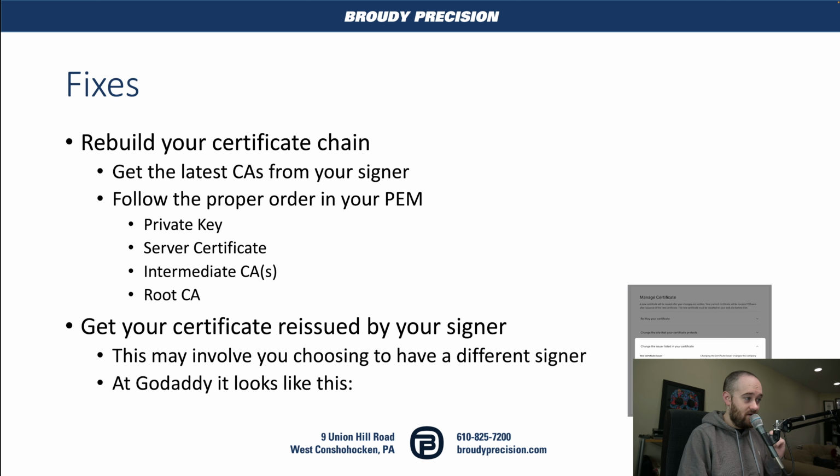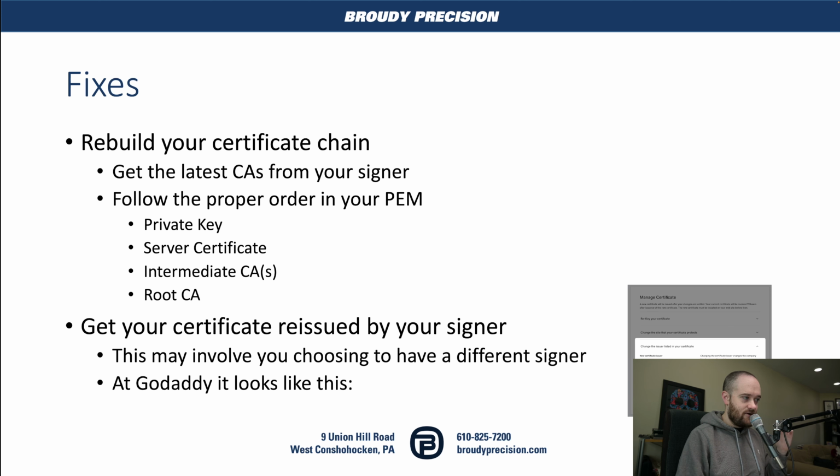Your signer might be able to give you another batch of CAs and root CA that still work. Typically this involves one of the CAs at the beginning of the chain being the same as what you used before, but then everything after it uses a different CA and goes up to a different root CA that isn't using SHA-1. Where we typically see the issue with SHA-1 is on that root certificate, so the cross-signing might help you out here.